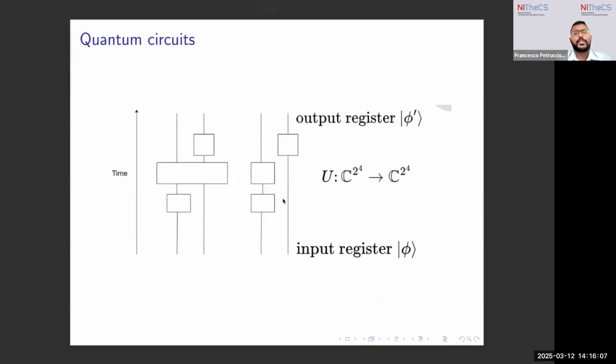One thing I didn't mention is that in quantum mechanics, it's a postulate that after discrete time steps, your system evolves according to a unitary operator. So all these operations here can be represented by unitary matrices.